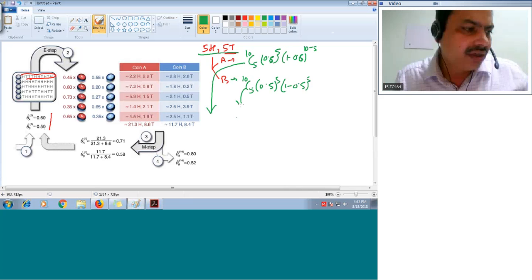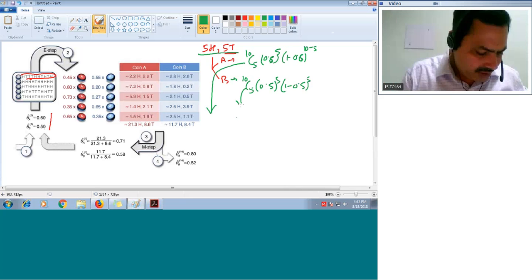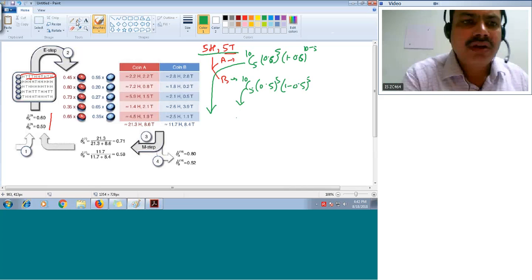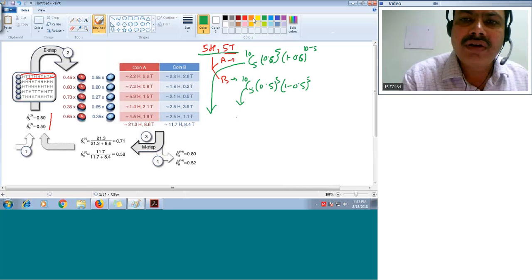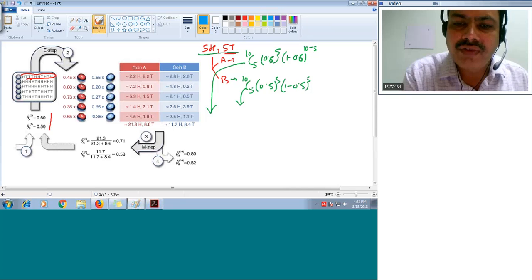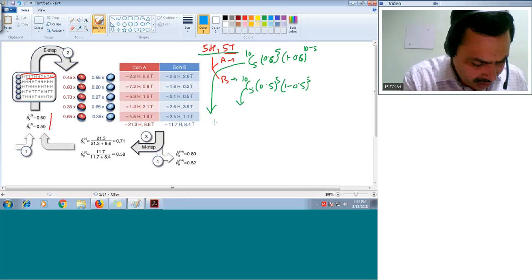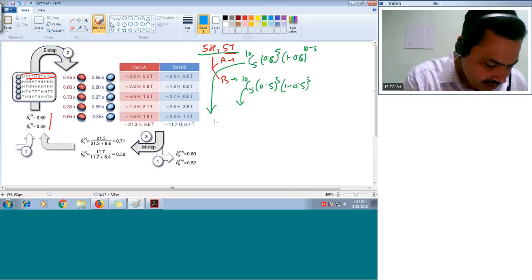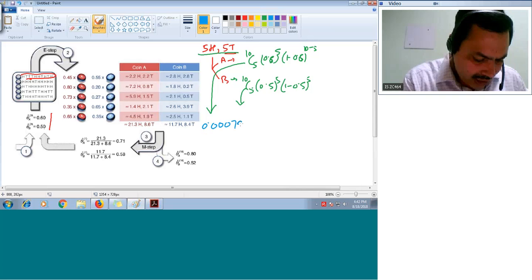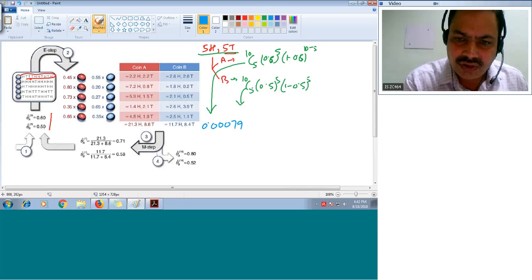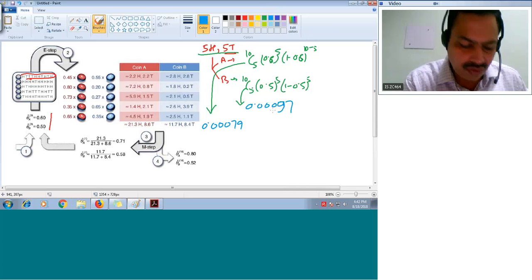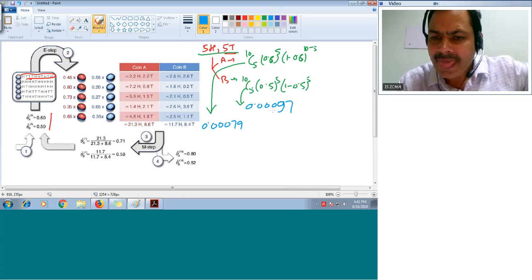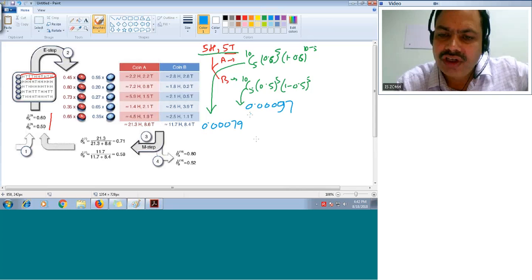The values come out to be 0.00079 and 0.00097. These are the two values we are going to get, and then we can normalize them, because these are the only two probabilities we have.